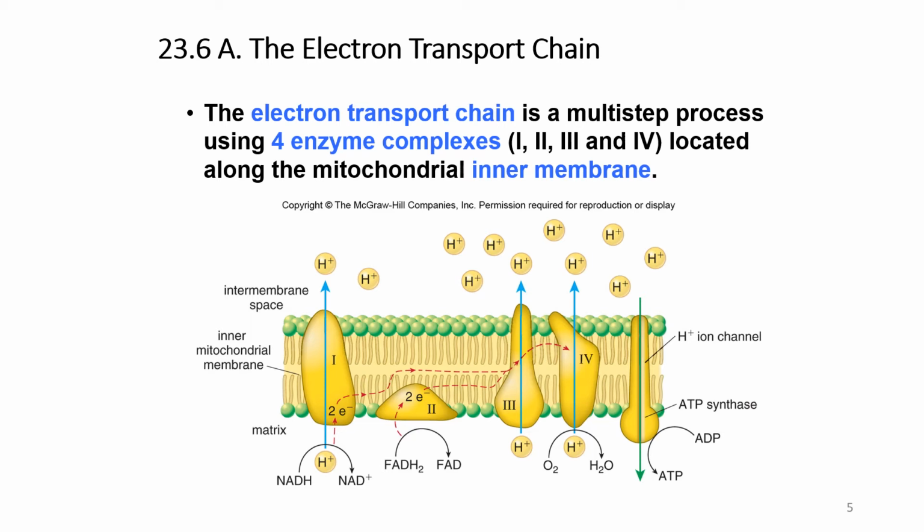So ultimately, these electrons are transferred to other electron carriers. But electrons do get transported to the third complex, and the fourth as well.